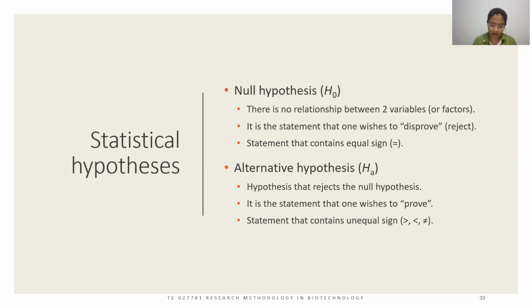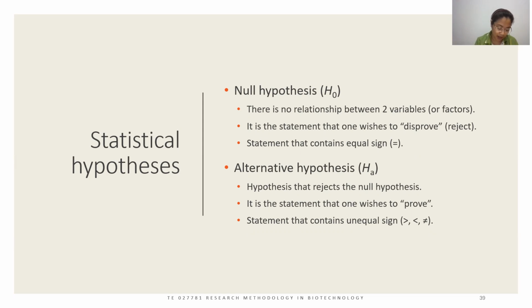So for statistical hypothesis, for the ones that we use most, which are the t-test and F-test, we normally involve a null hypothesis that is a statement containing an equal sign.